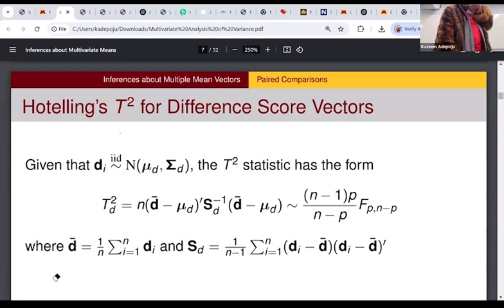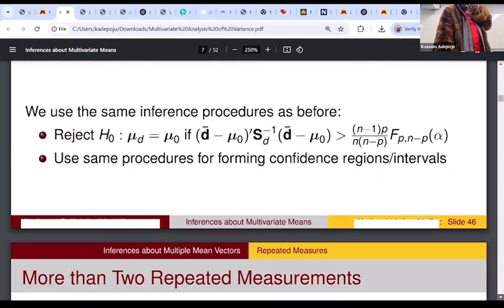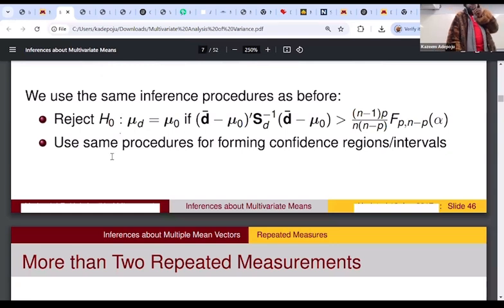Now, if you take a look at what I have, reject H naught. The H naught here is about the population mean of the difference, that mu D, which is a vector.